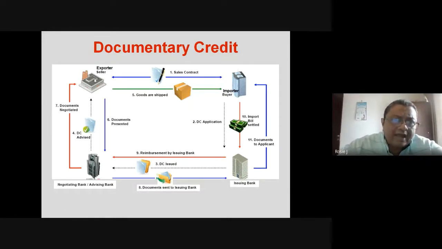If HSBC says, don't worry, People's Bank has sent this to you, and the exporter ships the goods and sends the documents to People's Bank, and People's Bank says, what are you sending us? I never issued an LC like this, in our records we don't have it.